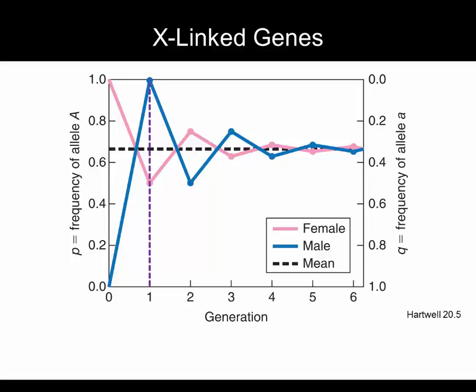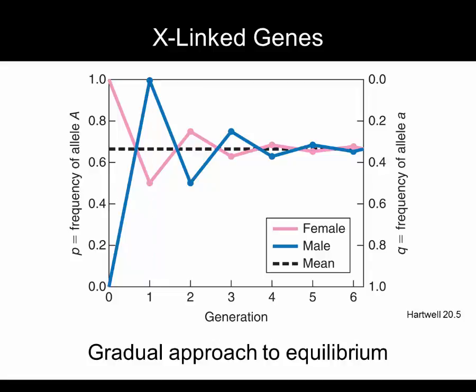After 1 generation, the males are all hemizygous for the dominant allele, and the women are all heterozygous. But with each generation, they get closer to converging at a point where the male and female allele frequencies equal each other and the overall frequencies we started with, P equals 2/3 and Q equals 1/3.